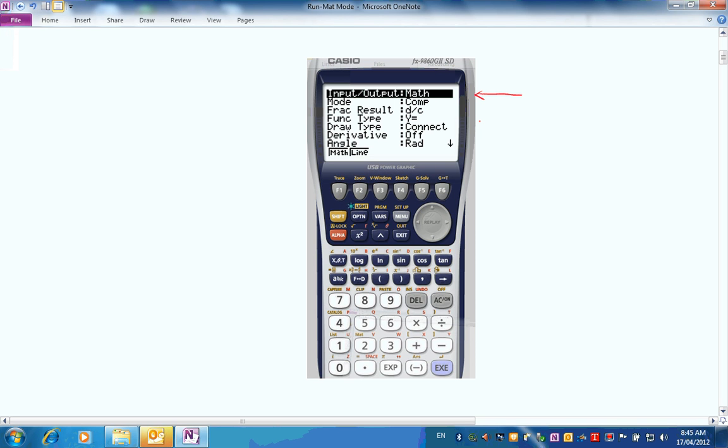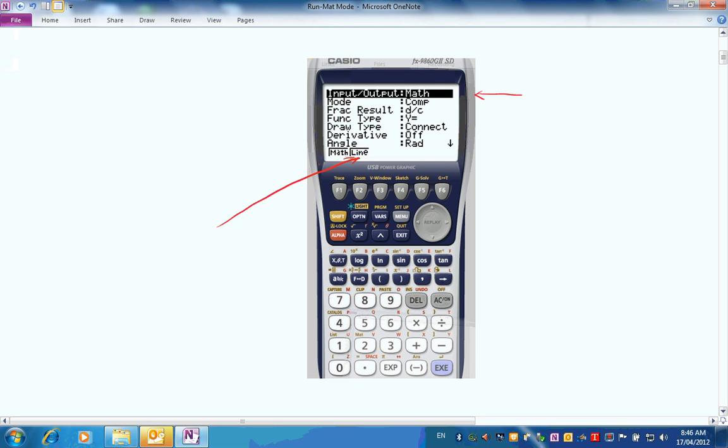This setup for run mode will in simple terms always give us the exact mathematical answers to our calculations. The alternative is linear mode, which is down here, where the answers will be given basically as decimals.